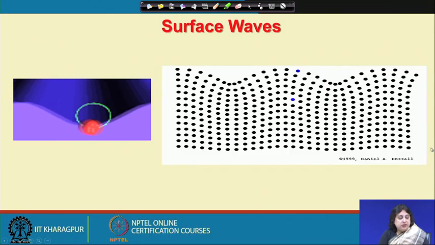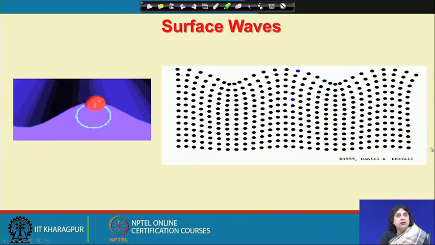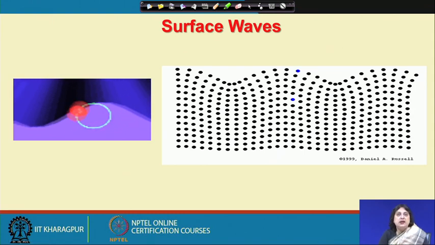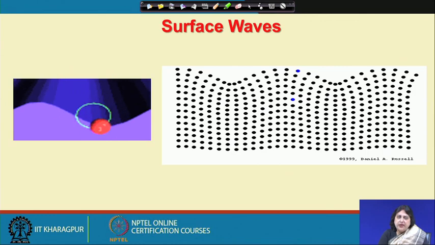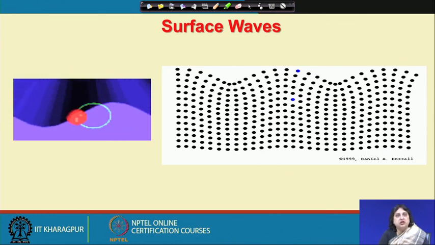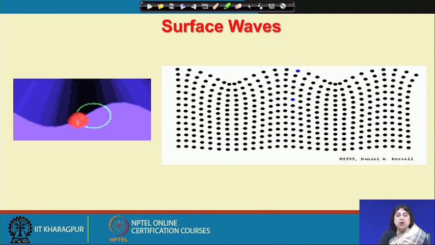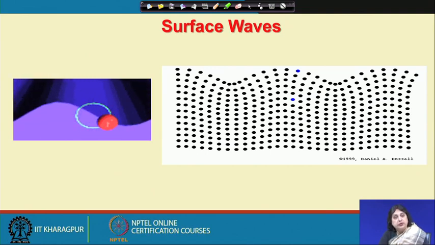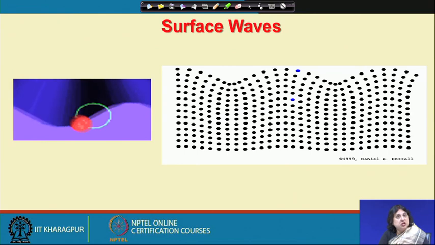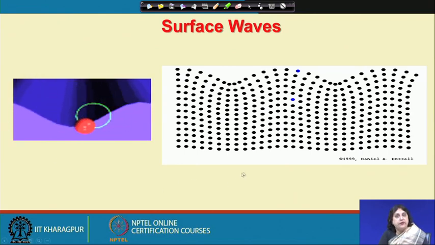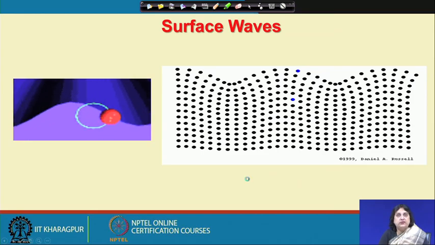Okay? And if you look at a single particle on the surface, you find that this particle is executing a very interesting circular motion, and when all the particles on the surface do so together, the collective motion that we see has been shown in terms of this wave, and these are known as surface waves.